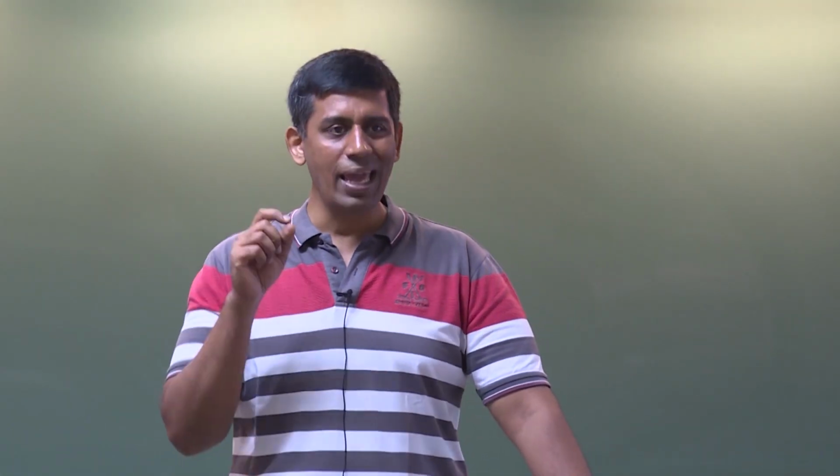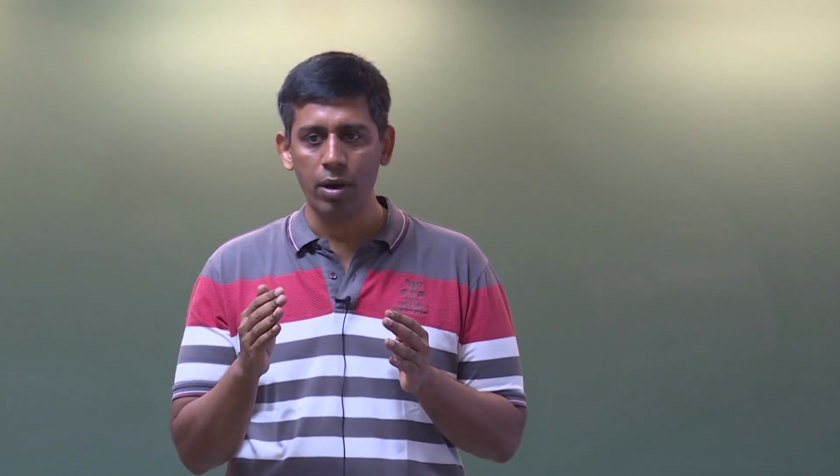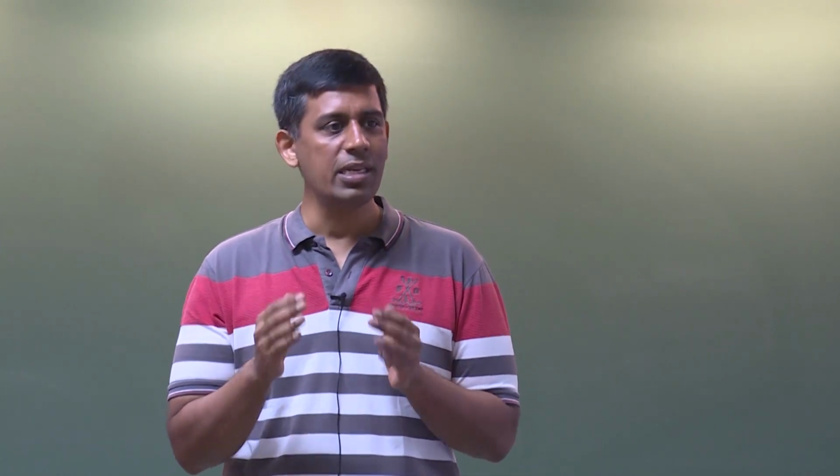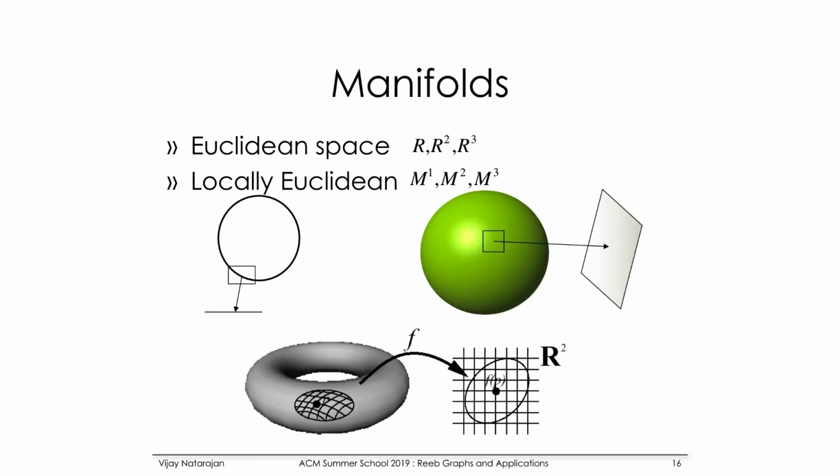If you take any point on the circle and you take a small neighborhood, this neighborhood is like the Euclidean space. It's like the real line. As in, you have a map from the small neighborhood of your point to the real line. This is what we call a manifold.